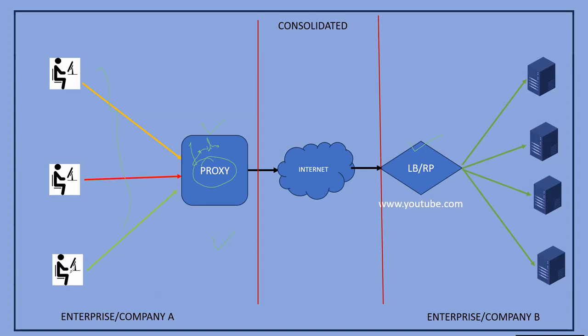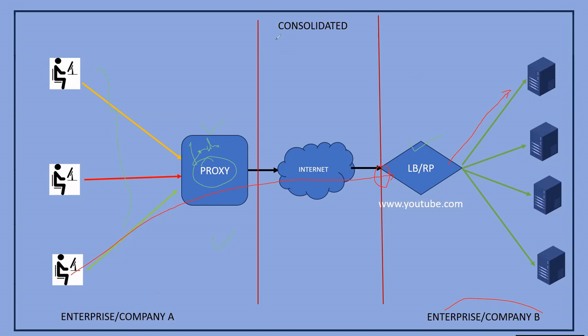If you're in enterprise A, you go via the proxy, you go via the internet, you reach out to the load balancer or the reverse proxy of the Google web enterprise. Then the load balancer or the reverse proxy works as it's supposed to work. It will terminate the connection here, and then forward the connection to the respective servers.